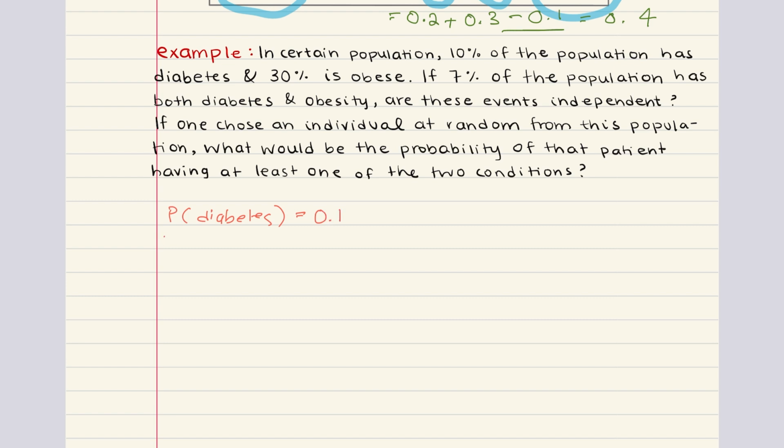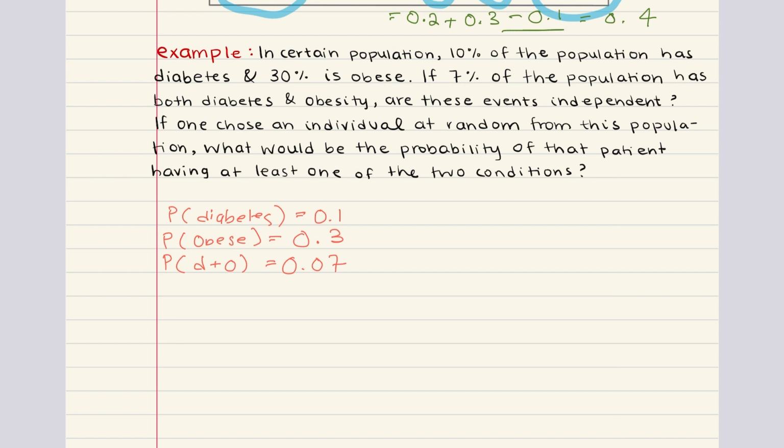We're also told that 30% of the population is obese, so P(obese) is equal to 0.3. Finally, we're told that 7% of the population has both diabetes and obesity, so the probability of diabetes and obesity is 0.07.